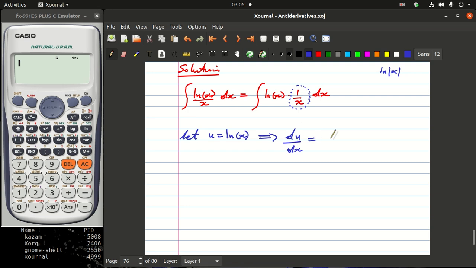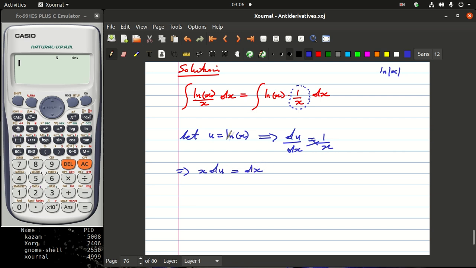What is the derivative of ln of x? You know that it is 1 over x, as simple as that. And then from there, we can cross multiply and end up having x times du must be equal to dx.